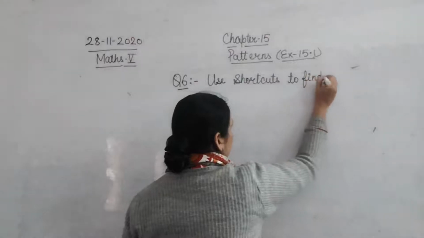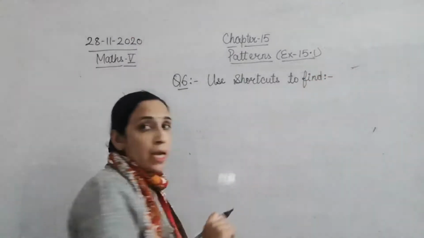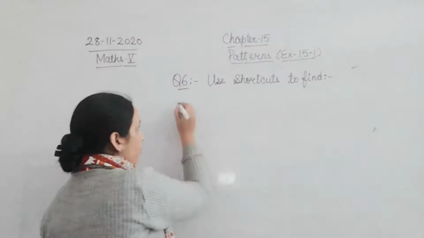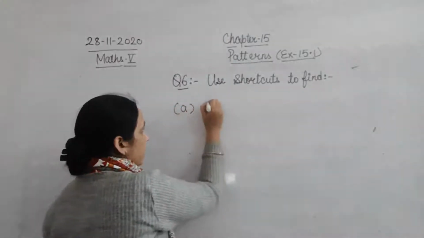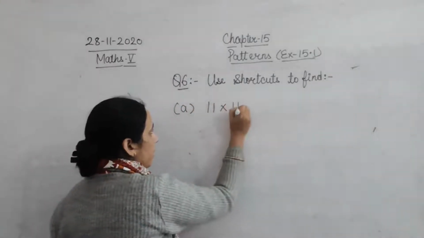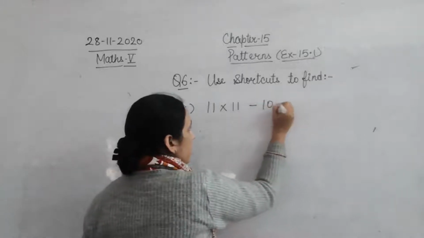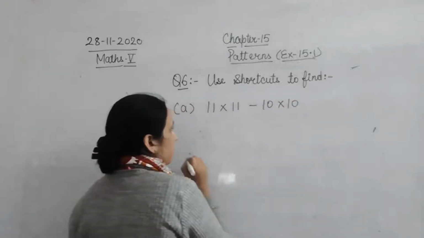A part. Here we are going to understand this one by one, how we are going to find it out. A part is 11 multiplied by 11 minus 10 multiplied by 10.